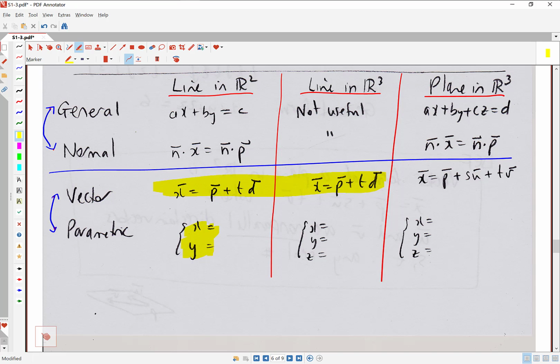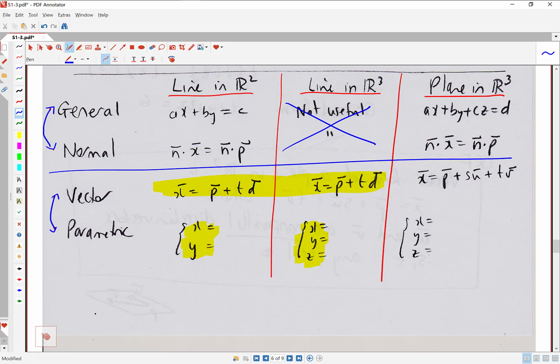And when you write out your parametric form, then you would have 3 different equations. For lines in R3, we don't talk about general or normal form because really a line in R3 is the intersection of 2 different planes. So this general form would get very messy because you'd really need 2 different equations there to describe that line. So we just don't deal with that messy case.